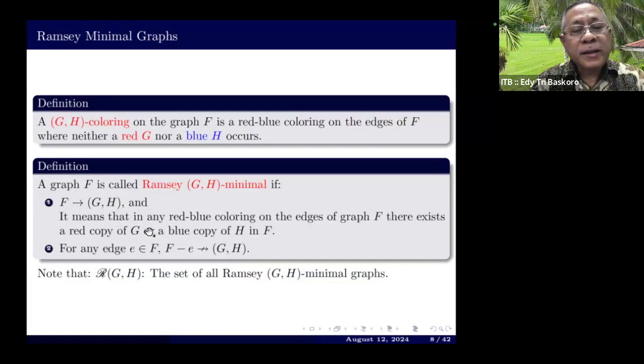That means that in any red-blue coloring on the edges of graph F, there exists a red copy of G or a blue copy of H in F. And the second condition, if you remove any edge e in F, then the first condition will be destroyed. That means F minus e no longer arrows (G,H). And the set of all Ramsey (G,H)-minimal graphs we denote by R(G,H).